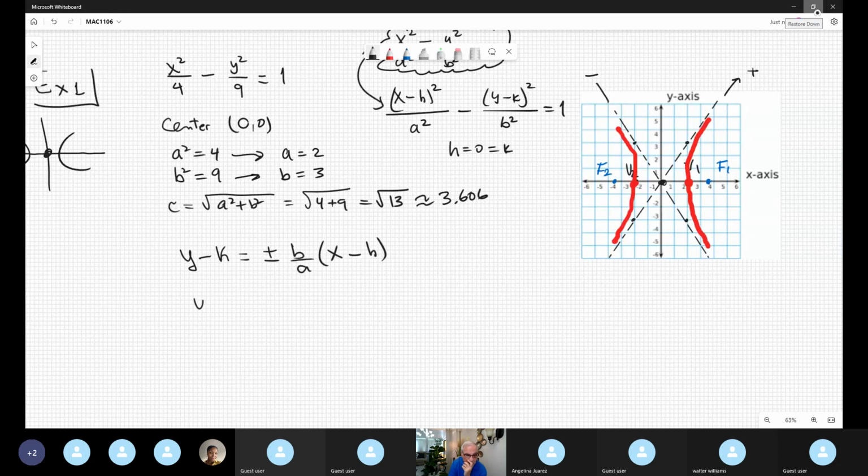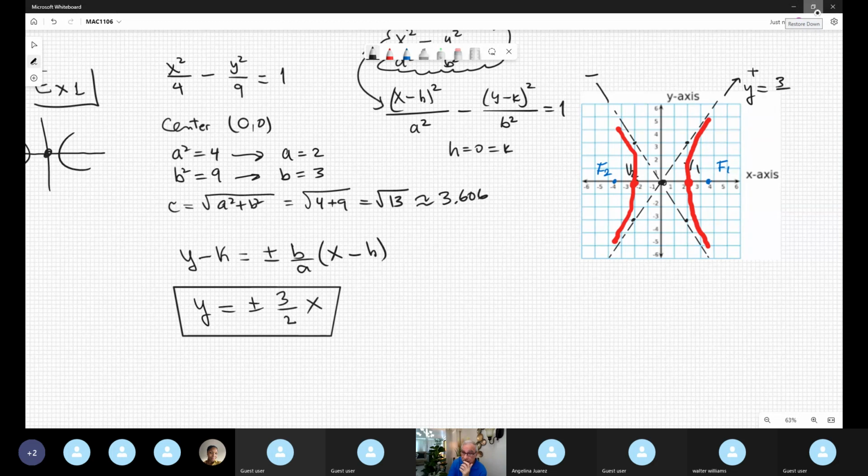So actually, it's y equals plus or minus b over a times x. Who is b? b is 3. Who is a? It's 2. 3 over 2. It's a fraction. And x. End of the story. This is the equation of both asymptotes. Of course, this asymptote is y equals positive 3/2 x, and this asymptote is y equals negative 3/2 x. Boom. That's it. No more complication.